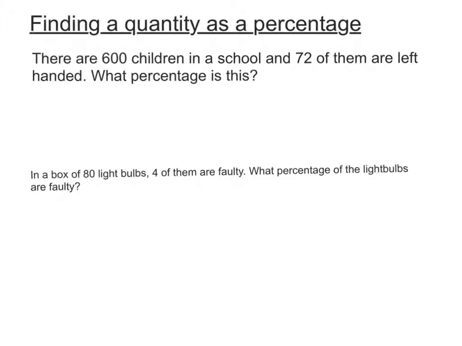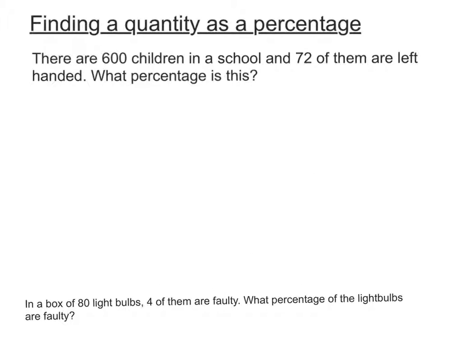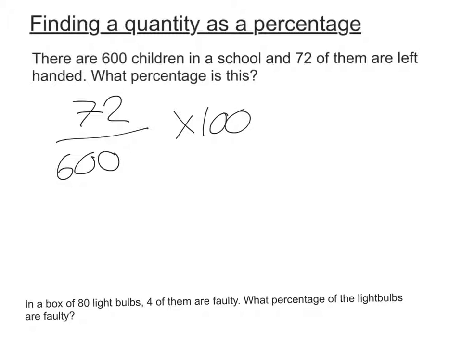Okay, finding a quantity as a percentage. So there are 600 children in a school, 72 of them are left-handed. What percentage is this? What you're going to do is put the amount of the group, in this case 72, over the total amount, in this case 600, and times it by 100.